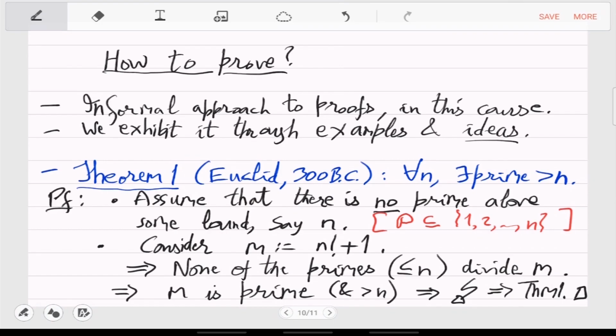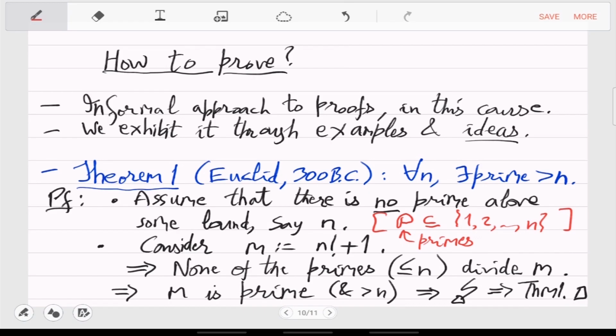No, as I just said, the assumption is that the set of primes P is only that. These are all the primes. So any prime factor of m is sitting in that set, and that set is absorbed in n factorial.